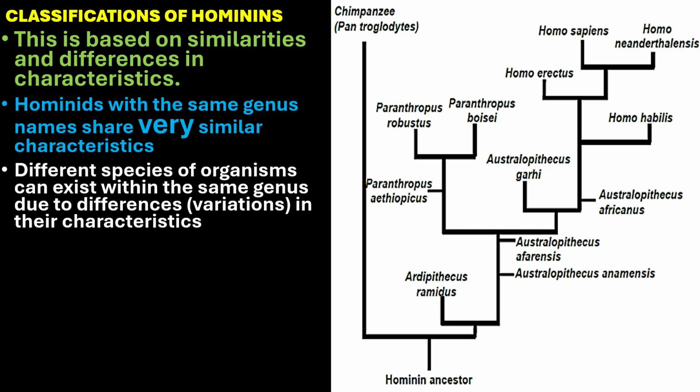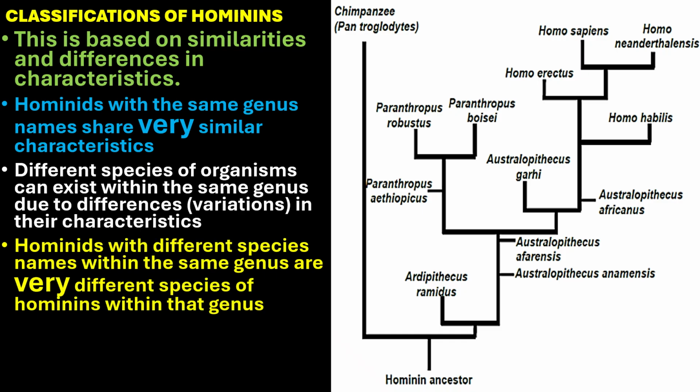And organisms that have different species names are different, due to variation in their characteristics. Hominids with different species names within the same genus are very different species of hominids within that genus.